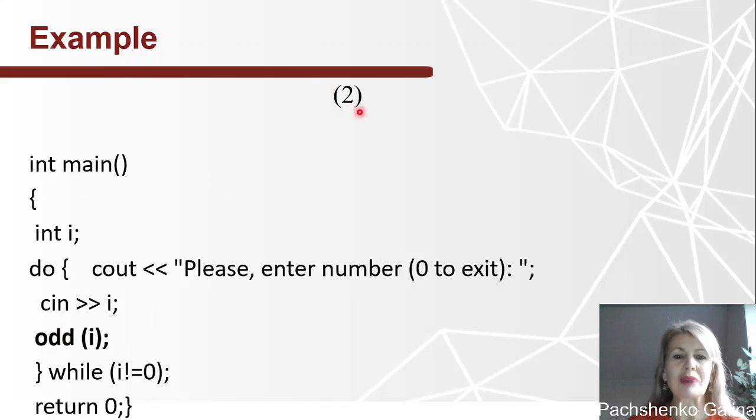In the second part of this program, we start our main function, and inside we declare variable I, and then we start a do while loop.